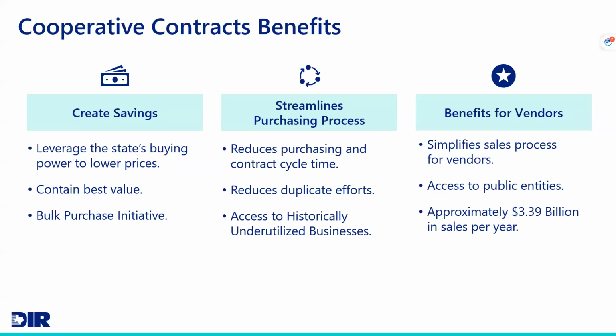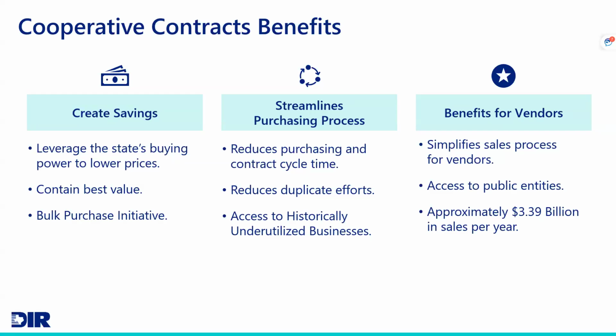We've done the RFO, we've negotiated the master contracts and put those documents in place for you. So that reduces any purchasing and contract cycle time, as well as any duplicate efforts, because now you don't have to do that solicitation. It also gives you, our customers, access to do business with our HUB vendors. We've got a large number of both prime contract holders as well as resellers who are HUB certified.